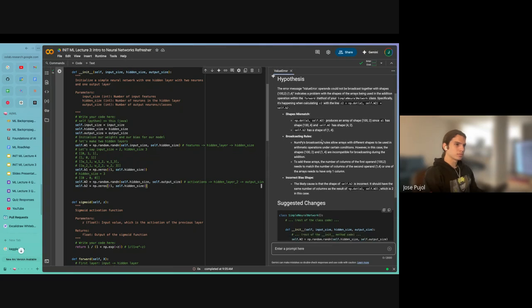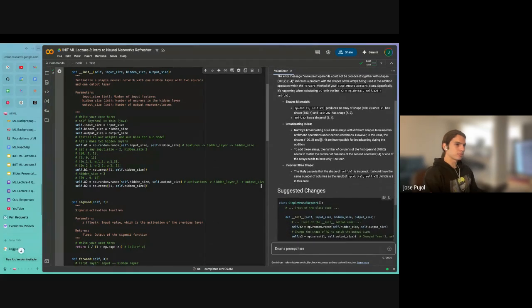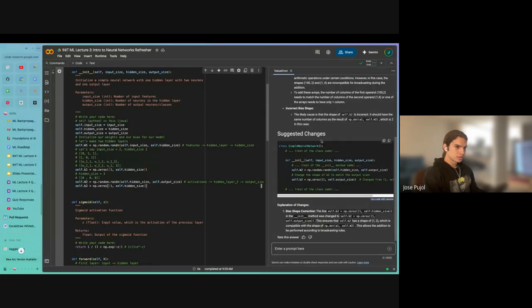Broadcasting rules, yeah, fine. Incompatible for broadcasting. Indeed, indeed. Oh. Change the shape of B2 to match the output size.